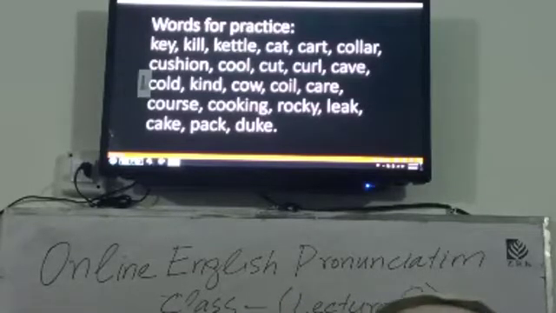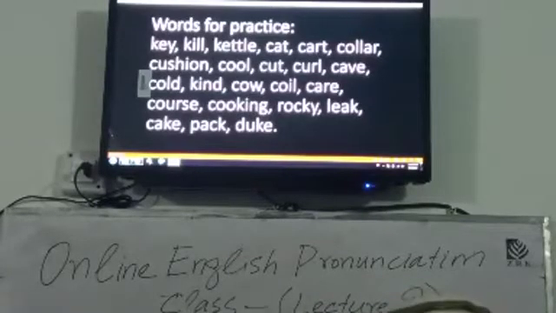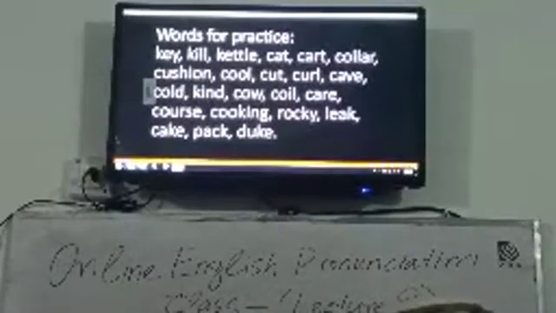Initial position, it would be pronounced as k: care, key, kettle, cat, collar, cushion, cool, cut, curl, cave, cold, kind, cow, coil, care, course.